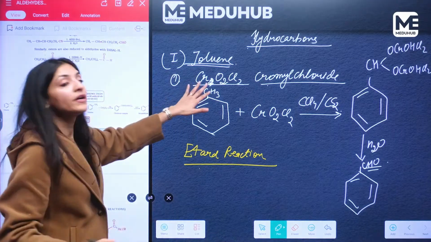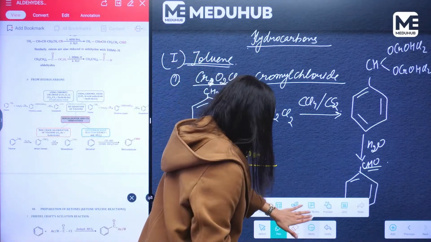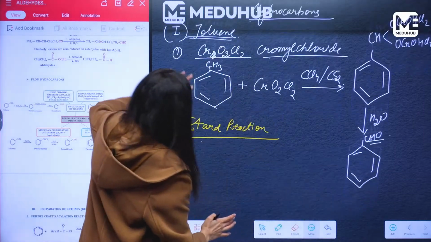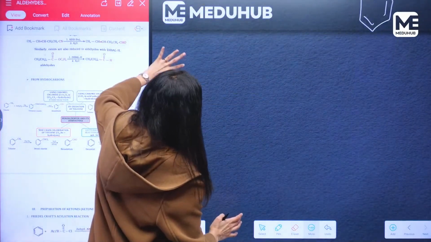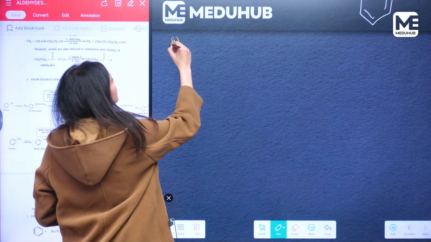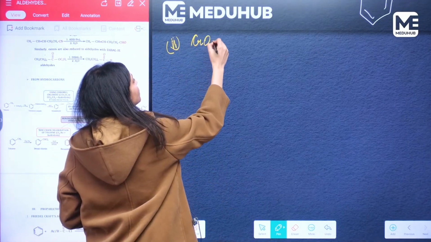Now there is another way to oxidize toluene, that is using chromic oxide. The second one here is using CrO3.